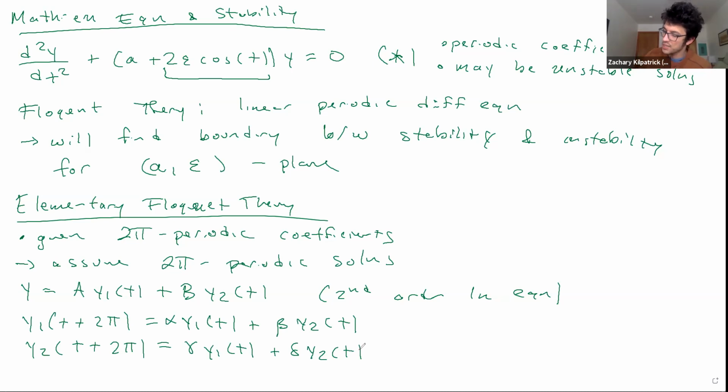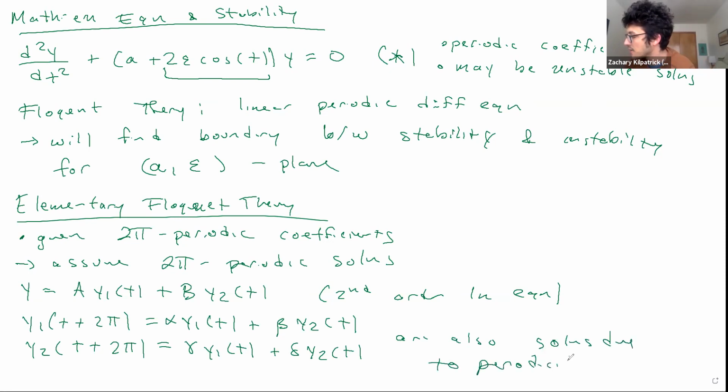Why is that true? Because I know it's 2 pi periodic, so these have to be solutions too. And I know that in general, any solution needs to be of this form, because I have a linear differential equation. And so I can always formulate my solutions as the sum of these independent solutions, y1 and y2. So these are also solutions due to periodicity, okay?